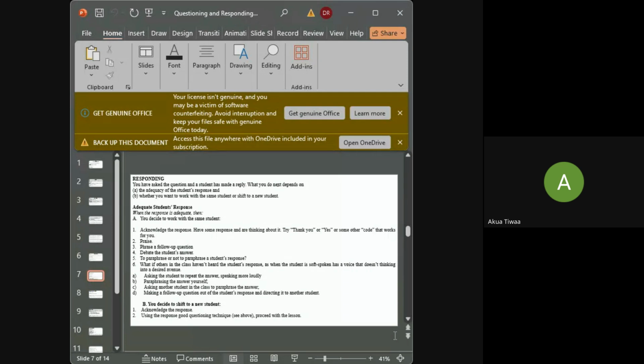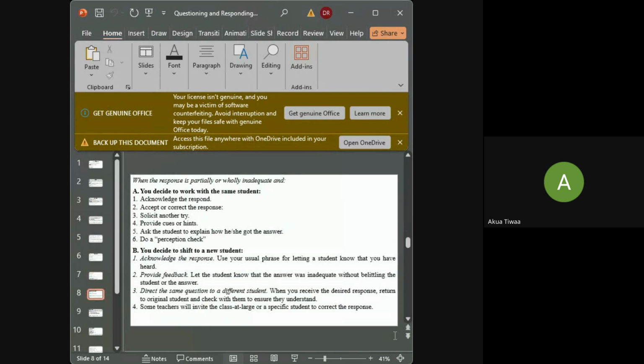You will not talk about it again. But when the response is partially or wholly inadequate, then it means you need to shift to a different student.